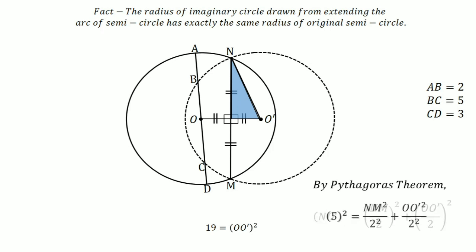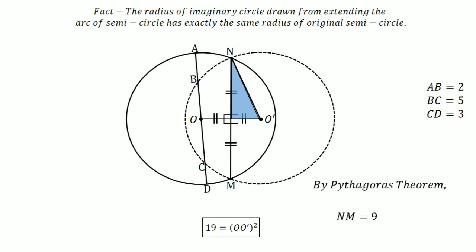Putting in the value of OO' square, we have this. So MN is equal to 9, and that is our correct answer. It is really a tricky geometry problem. I know the solution is very short, but it's really tricky.